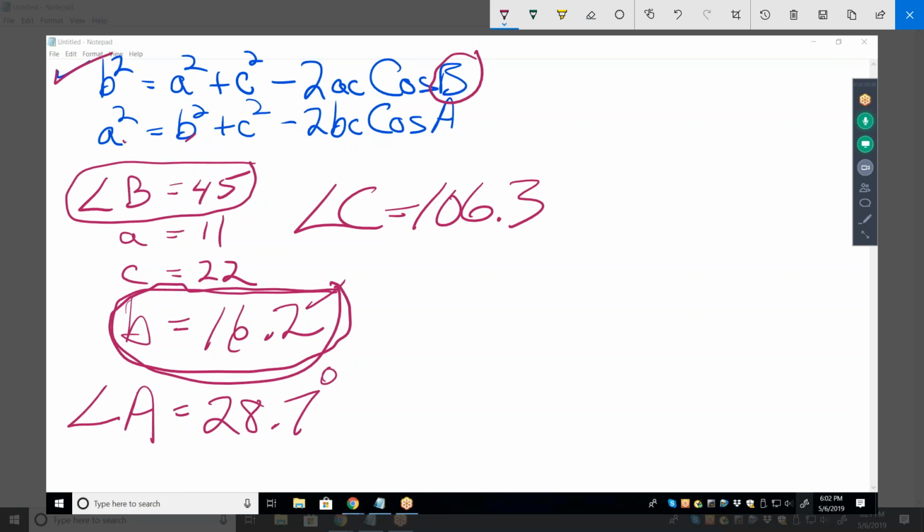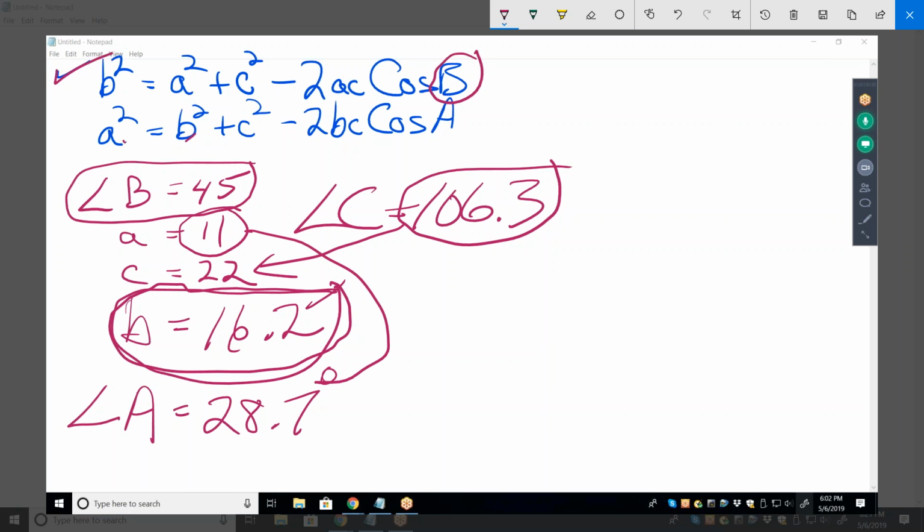Now let's do the smell test. Is the longest side opposite the biggest angle? Yep. And is the smallest side opposite the smallest angle? Yep.